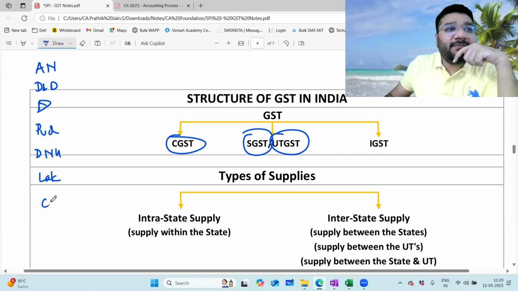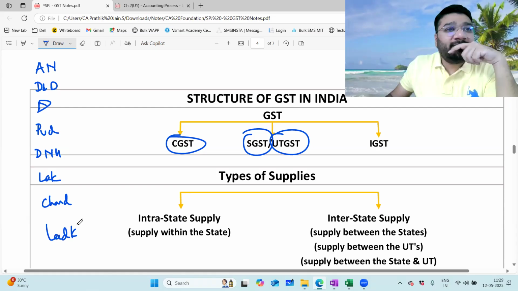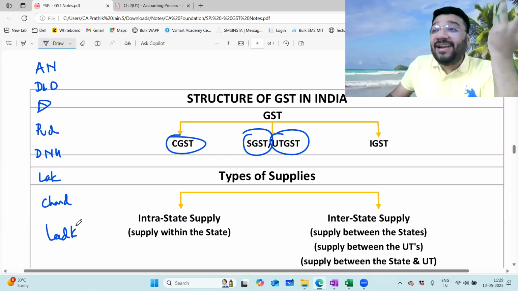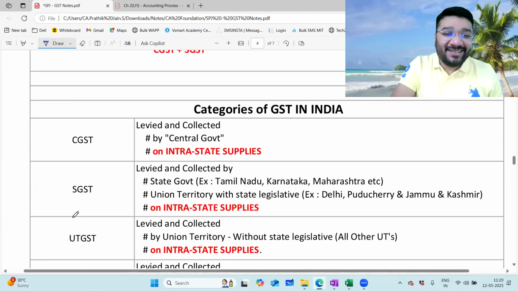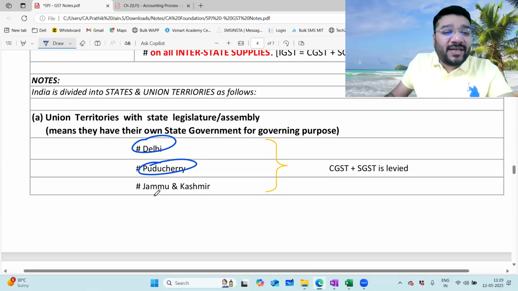Chandigarh is a Union Territory? Yes. Okay. Ladakh. You left an important thing. Jammu and Kashmir. How can you forget this, boss? Delhi, Puducherry, Jammu and Kashmir.